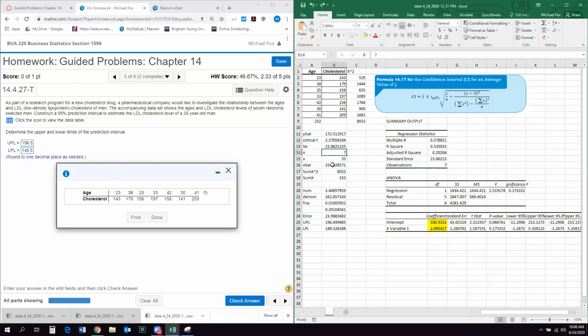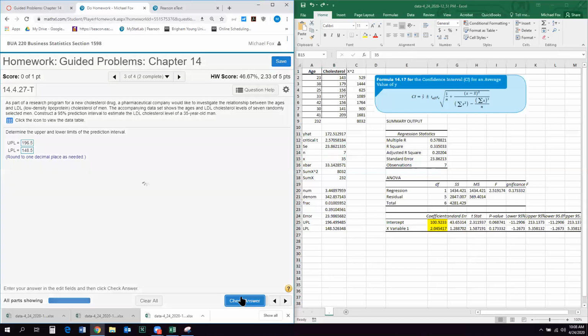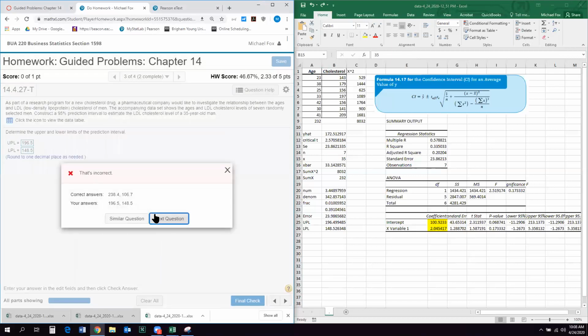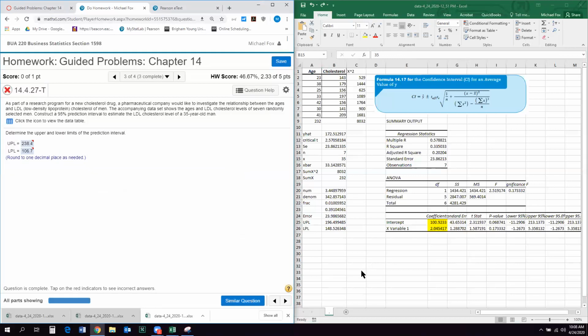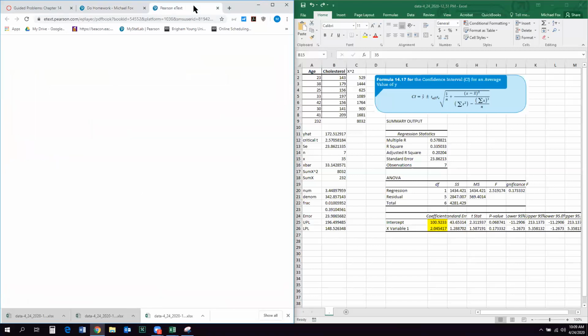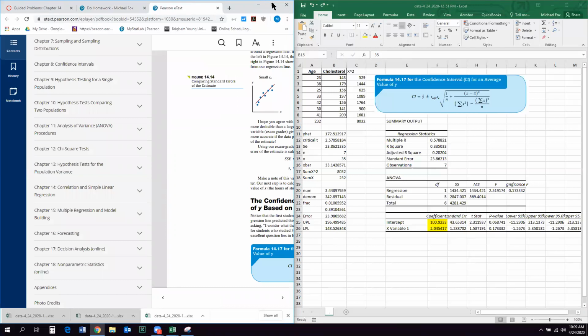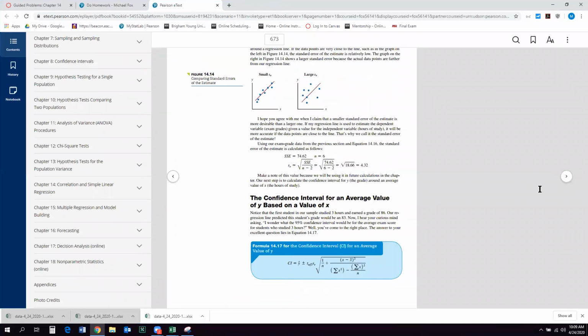N is 7, X is 35. I'm gonna see what the correct answer is. Oh, I'm way off somehow. The 238.4 and 106.7. Did I use? I'm wondering if I used a weird. I'm gonna go back to this and make sure I didn't. That's for an average value of Y.